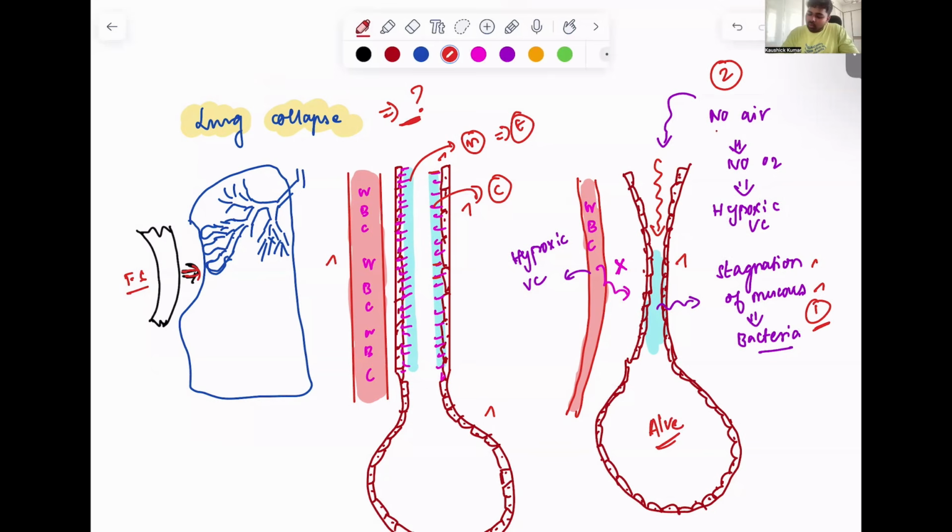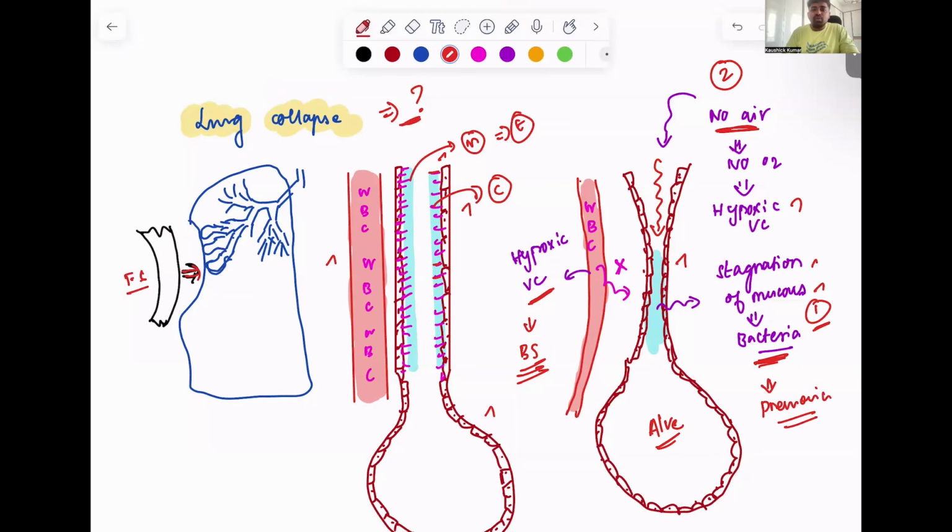So second is no air. No air leads to hypoxia, right? Because of the hypoxia, the surrounding blood vessels undergo vasoconstriction leading to reduced blood supply. So stagnation of mucus and no aeration leads to bacterial growth. This leads to pneumonia.